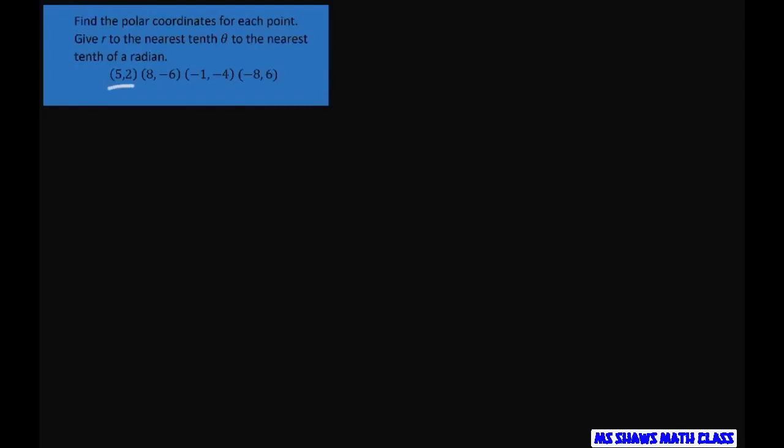So the first one's in quadrant 1, so it's pretty straightforward. You use a calculator, and we're just going to use your Pythagorean theorem. 5 squared plus 2 squared, you get to use the calculator. So that's plus or minus 5.4. We're going to use the positive, because we're in quadrant 1.